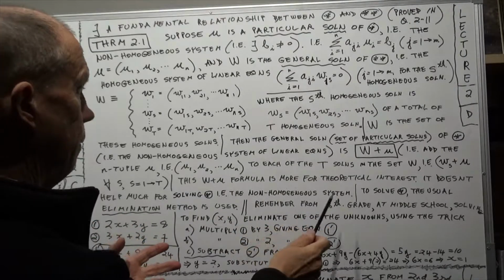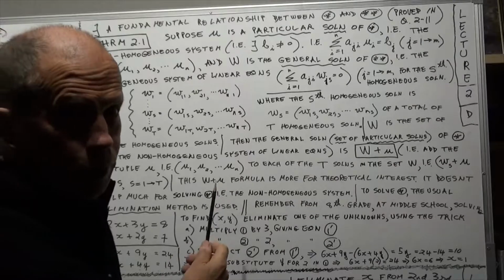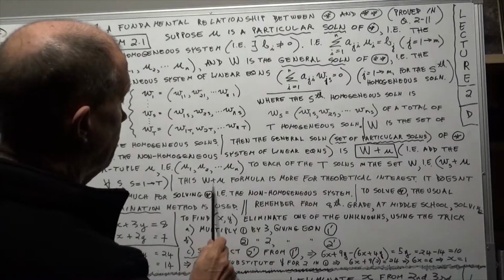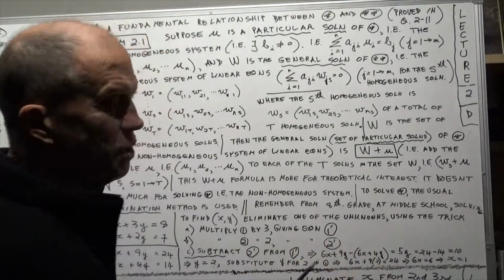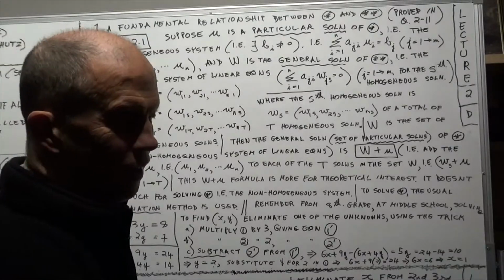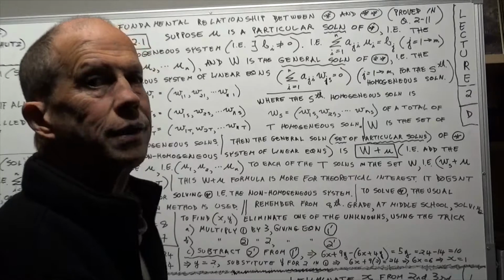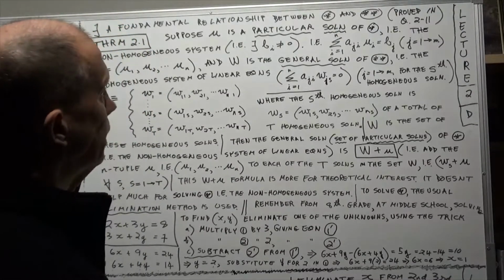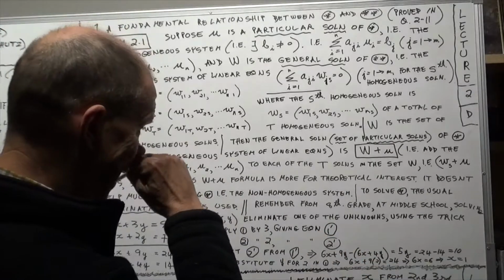Right. Now, a remark that Lipschutz, the author of the text, makes is that this W plus U shorthand formula is more for theoretical interest because it doesn't really help much in the practical case of actually finding the general solution. To do that, you need a whole bunch of other techniques.